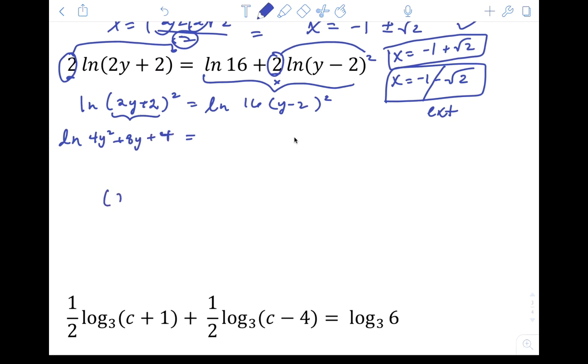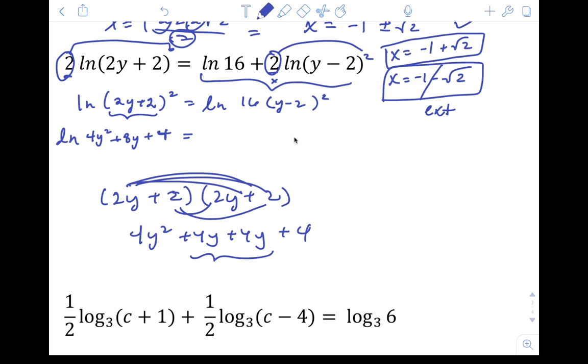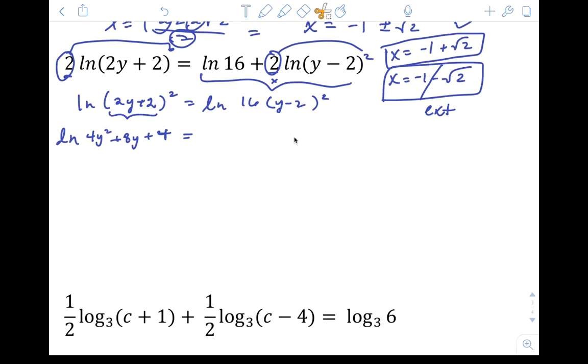It may have been more simple just to write it out, y'all. I'm sorry, it's getting late and I've had a long day. So 4y squared, that was this one. And then there's that one, that's plus 4y, that's plus 4y, and that's plus 4. So that's where the 8y came from in the middle, in case you were curious, because I was just verbalizing and not actually showing you.